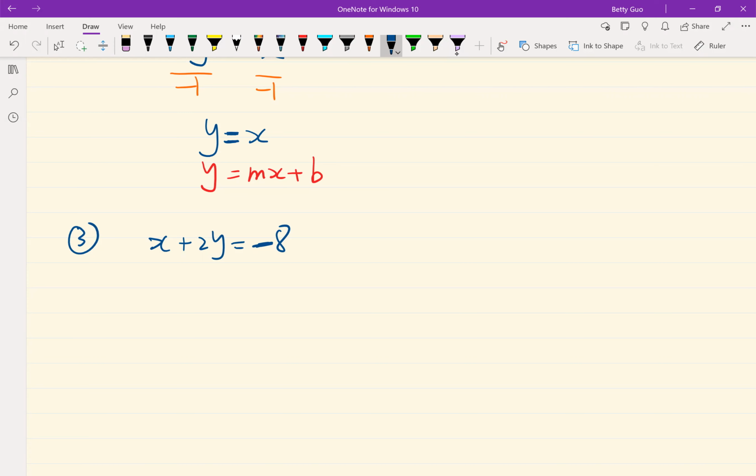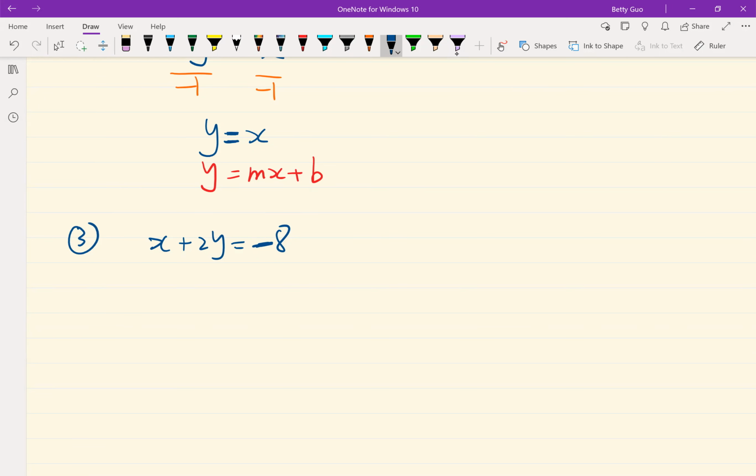You did it. And now you're gonna get rid of the 2 here. How do you get rid of the 2? Yes, divide everything by 2. Everything. You have to treat everybody in the equation the same way. Very good. That actually is a negative half times x, right? X over 2 is x times 1/2.